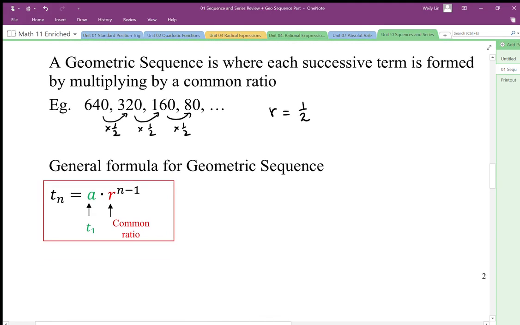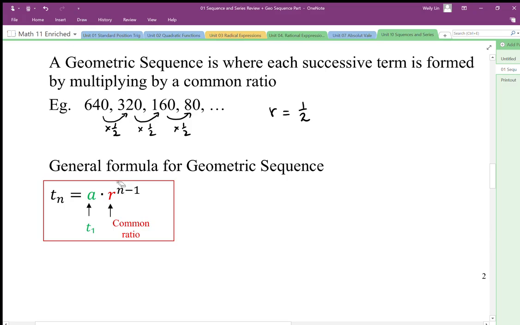And we end up with a general formula for this geometric sequence. Basically it works like this. We start at some term A, and then we multiply by the common ratio. Because n starts at 1, we have to make sure that we don't multiply the first term by the common ratio, so we need an exponent of n minus 1. Notice this n minus 1 is similar to the arithmetic sequence.